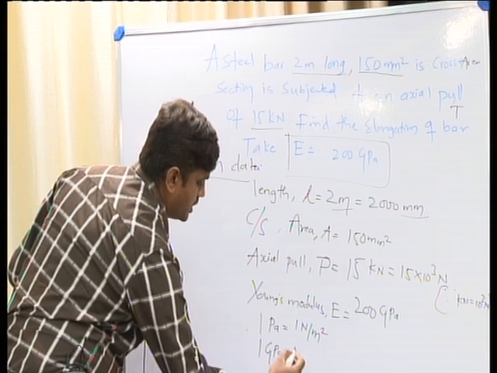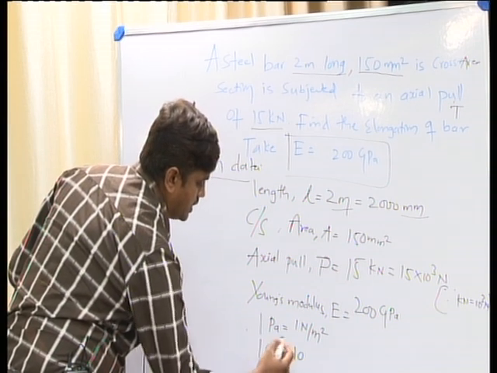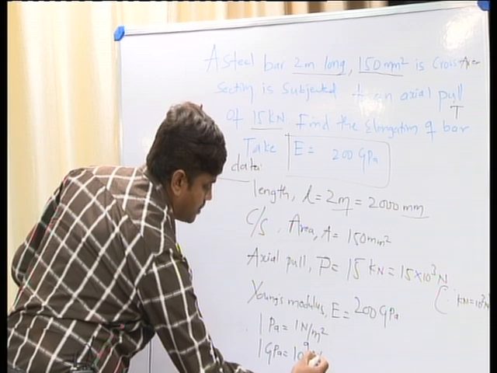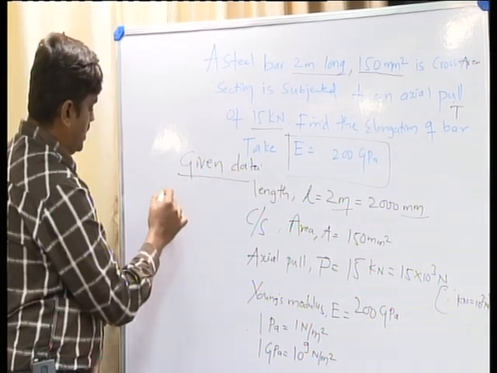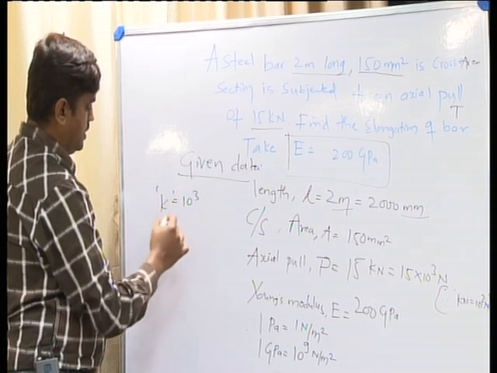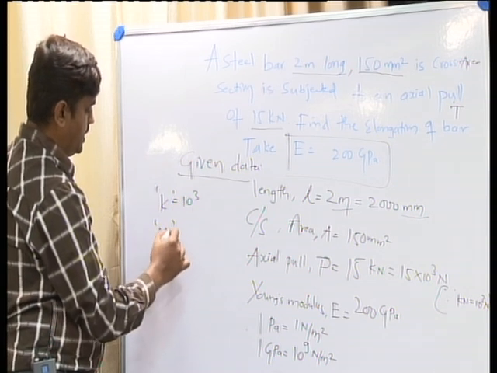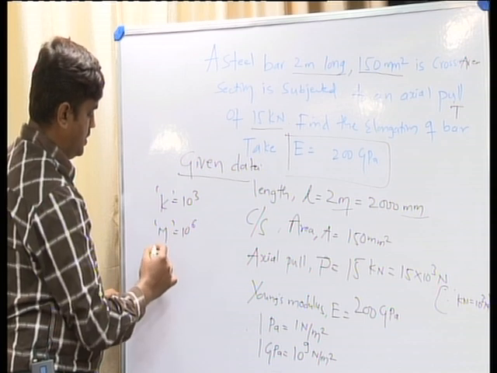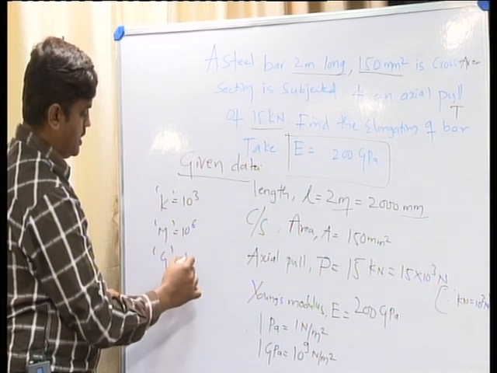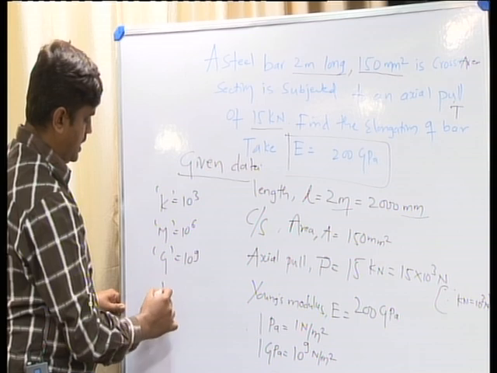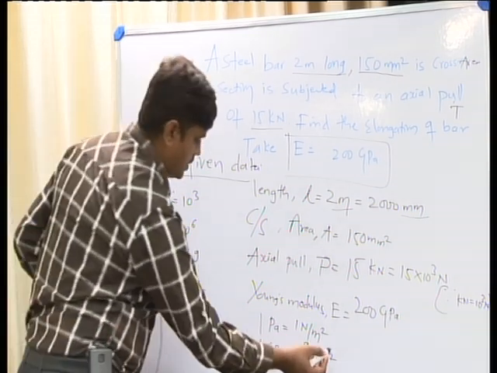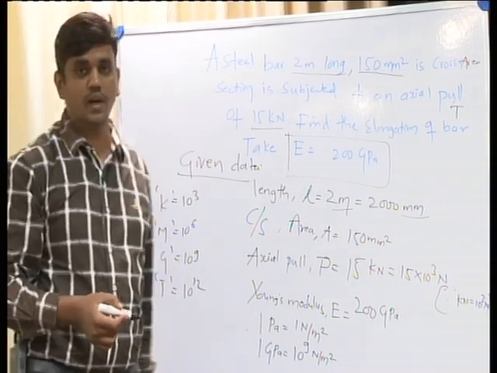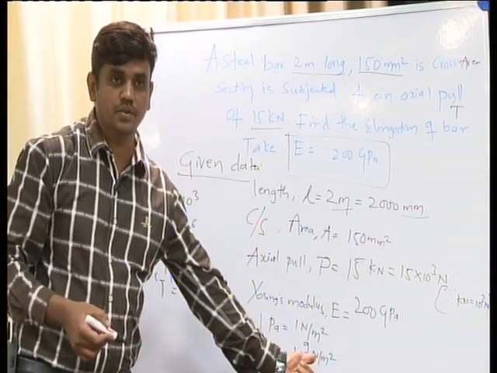G means giga, 10 raised to 9 Newton per meter square. So for K it is 10 raised to 3, for M it is 10 raised to 6, for G it is 10 raised to 9, for tera it is 10 raised to 12. So 1 GPa is equal to 10 raised to 9 Newton per meter square.